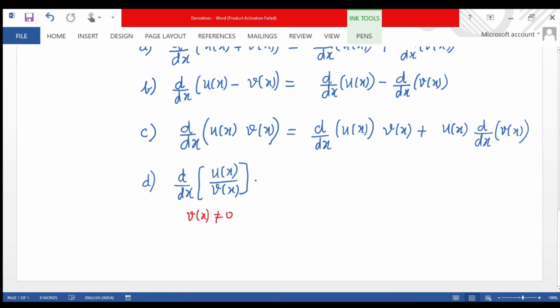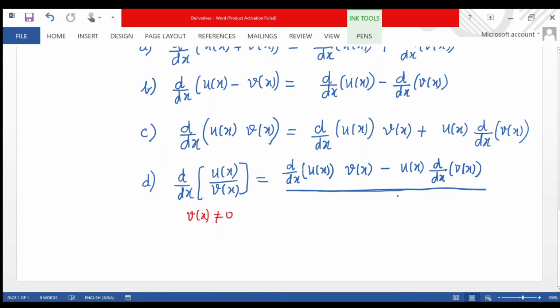So the derivative of this quotient form is given by d by dx of u of x into v of x minus u of x into d by dx of v of x, divided by v of x the whole square.